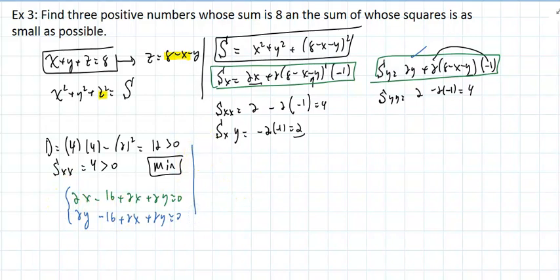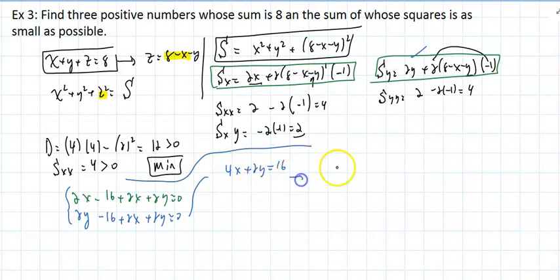I could say that is when 4x plus 2y equals 16, which means 2x plus y equals 16. The bottom one is going to be 2x plus 4y equals 16, or x plus 2y equals 16.